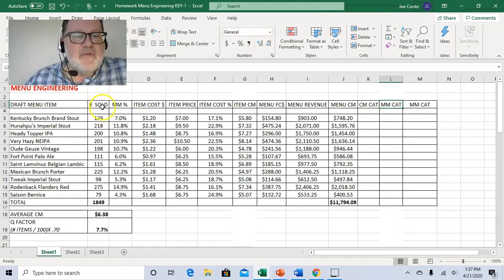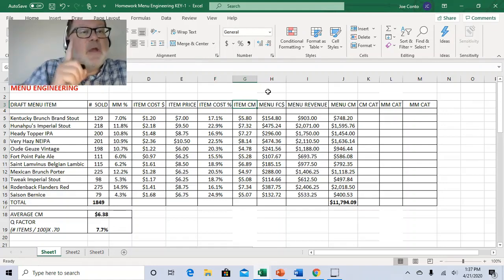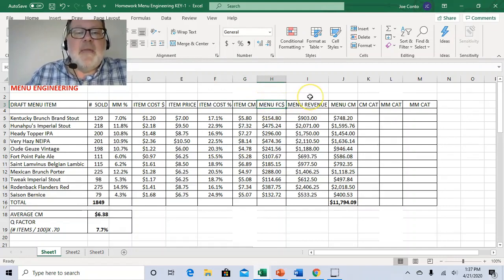Right from the start, we have number sold, my menu mix from a percentage standpoint, the item cost, how much it cost me to purchase it, the item price, how much I sold it to the customer for, my item cost percentage, what percent of the guest's price went to pay for the product itself, the item contribution margin, every time I sell one of these things, how much do I have left over to pay for other items, the menu food cost in this case, or the menu cost, means I know how much it cost me to create or have one portion of this beer.